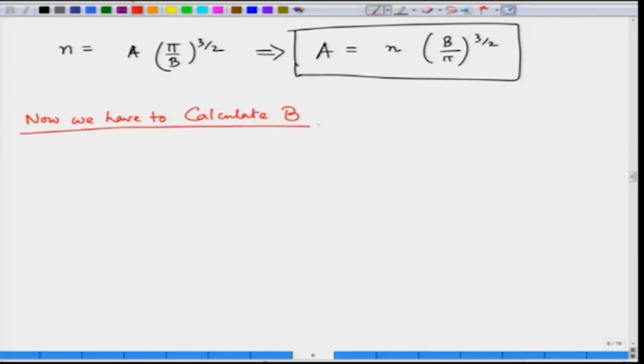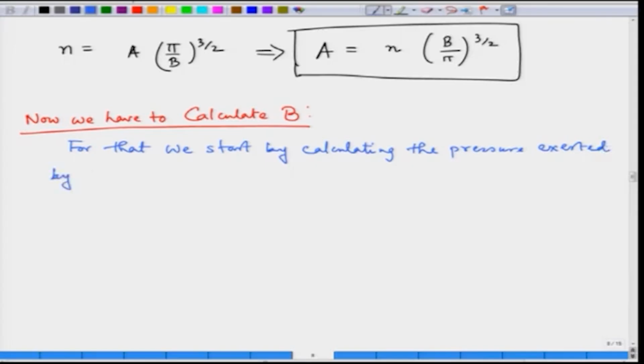If we can calculate b, then of course we can also calculate A. For that we start by calculating the pressure exerted by the molecules.